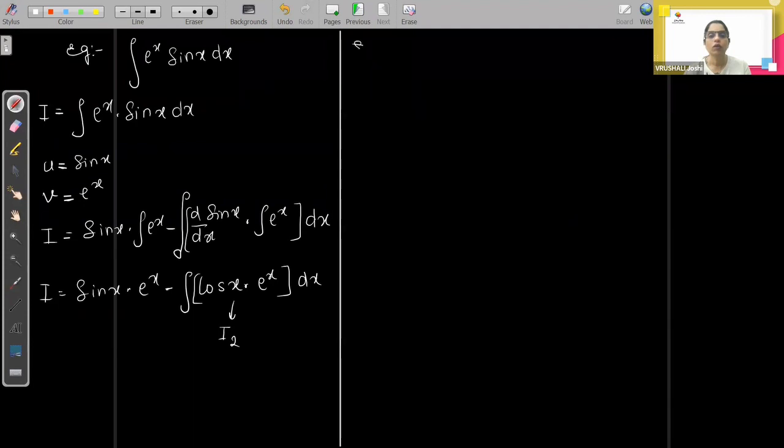Our I2 is the integration of cos x into e to the power x dx.